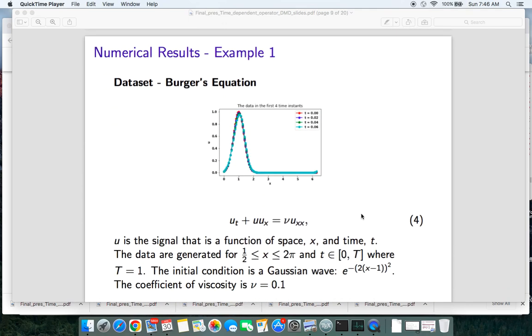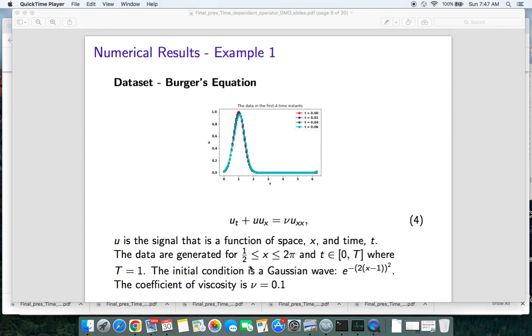Next, we will present the numerical results. Example 1 is based on the Burger's equation. Burger's equation is a nonlinear PDE, ut plus u sub x equals nu u sub xx, where u is some sort of signal that is a function of space x and time t.